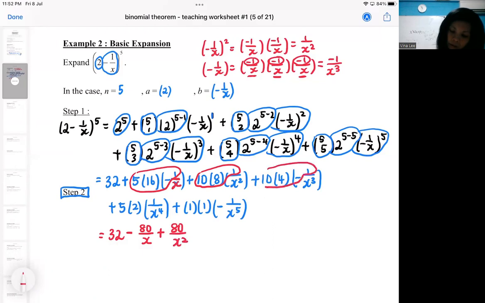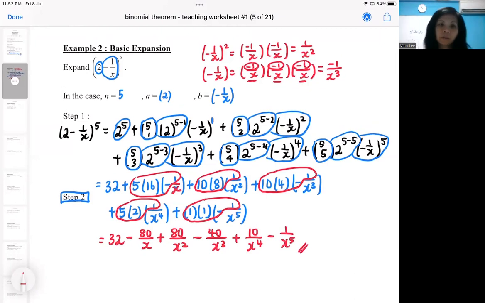Here, you get a minus. Here, we have a 10. Here, we have a minus. So if you have done it logically, this is what you will have gotten.